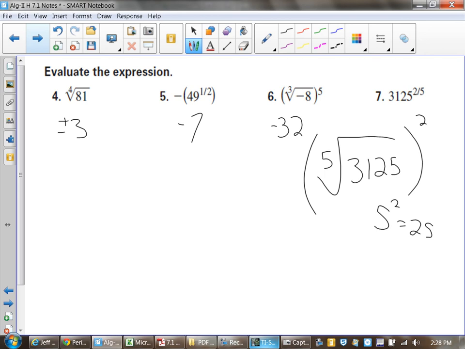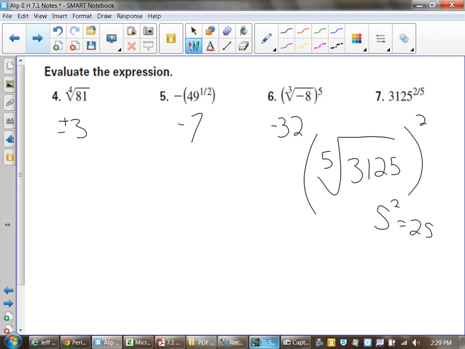If you're using 25, 25 times 25 is already 625. You multiply it again, you're going to be well over 3,000. You know it's not going to be a 2 because it ends in 5. You know it won't be a 3 because it ends in a 5. So you kind of take a stab at it and see what happens.